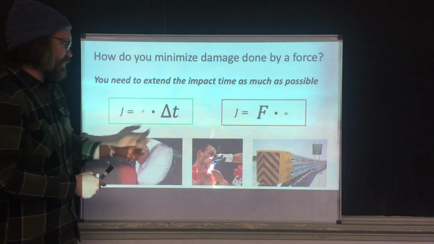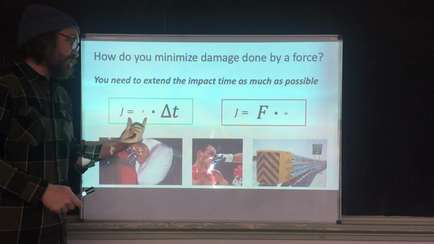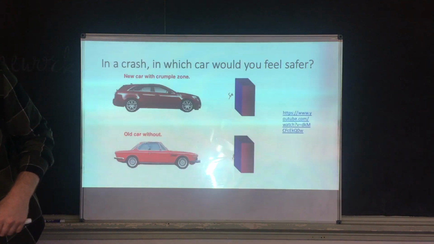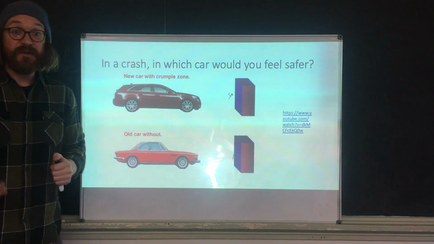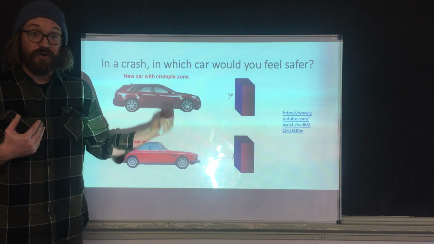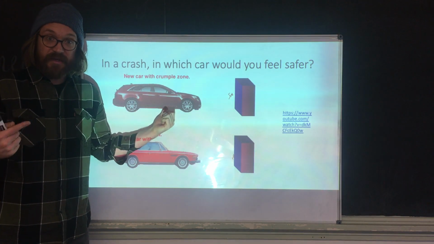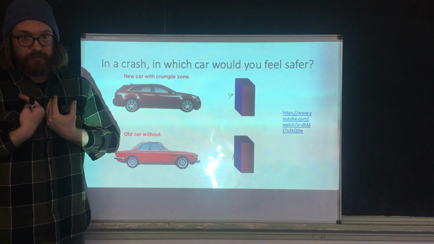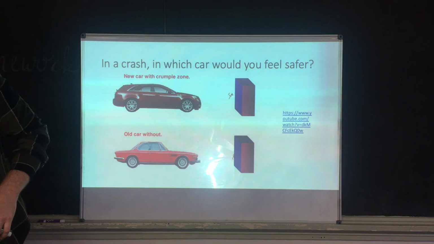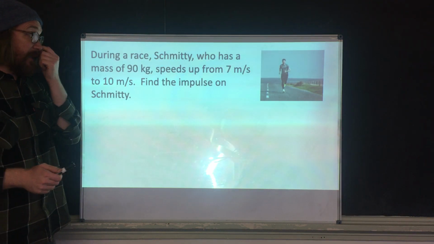So in this case, you have a longer time, so you feel less force. And as much as I love old cars, the reason that I would rather be in a new car in an accident is because even though the car is gonna look a lot worse after the accident, I'm gonna look a lot better.